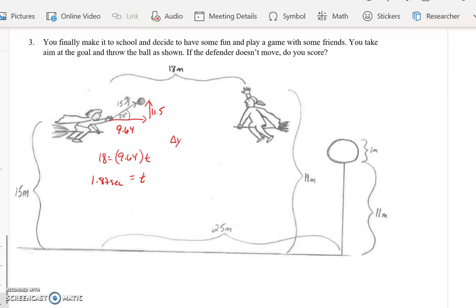So delta y equals my initial y velocity times time plus 1/2 times negative 9.8 times the time squared. That gives us a delta y of 4.42 meters. Your hand is currently 15 meters above the ground, and the defender's hand is 19 meters above the ground. So if you add 15 meters to the delta y, you get 19.42 meters, which means the ball clears the defender's hand.